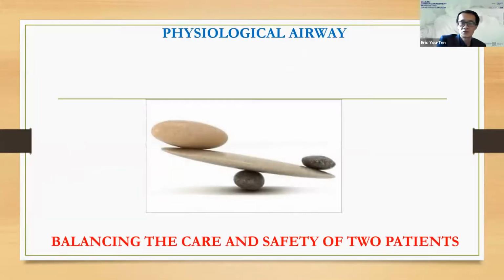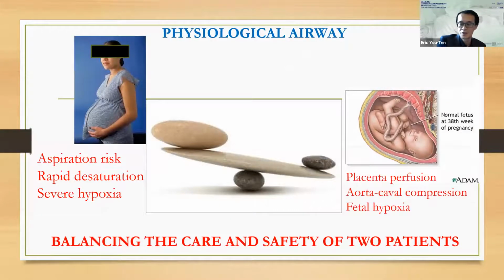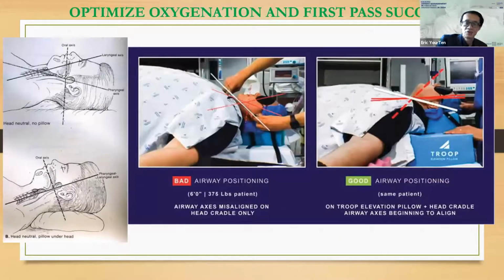Just to remind you of the physiological airway that I briefly mentioned before, both the mom and the fetus. I think it's important to realize that the physiological airway, as Mary alluded, is that these patients are extremely prone to severe hypoxia and rapid desaturation once they become apneic.